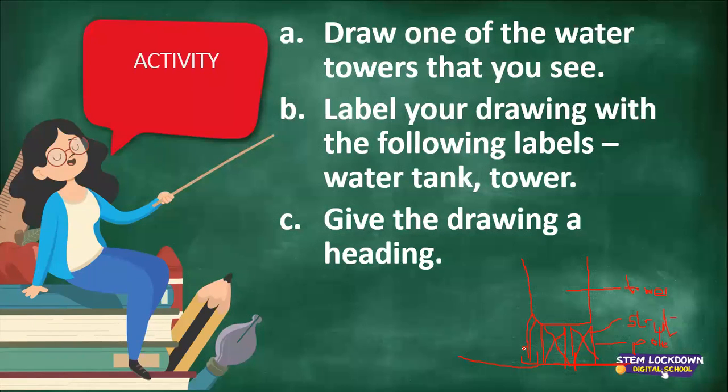And then you can talk about how water is also transported through pipes from a water tower or a reservoir. That means lots of pipes can be connected to here, and it is transported to different areas, to different houses, and that's how people get piped water from either a water tower or a reservoir.